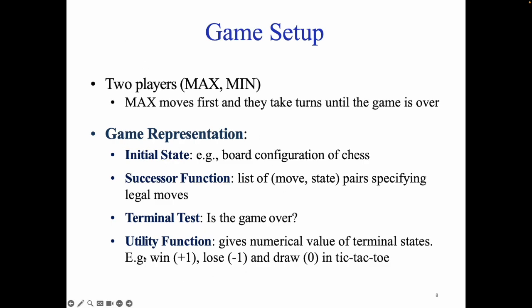So here's how to represent the game with an initial state, which could be, for example, the board configuration of chess. We have a successor function, which is a list of move and state pairs. We have a terminal test identifying whether the game is over or not, and then a utility function, which is just giving you a numeric value. For example, if you are playing Tic Tac Toe, then we have win, shown with +1, which means that max wins.